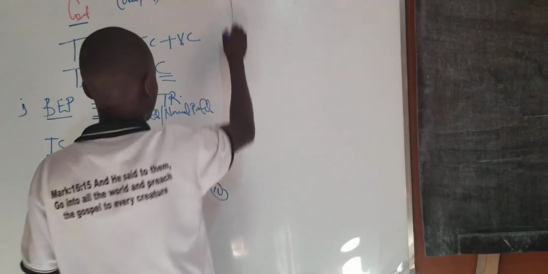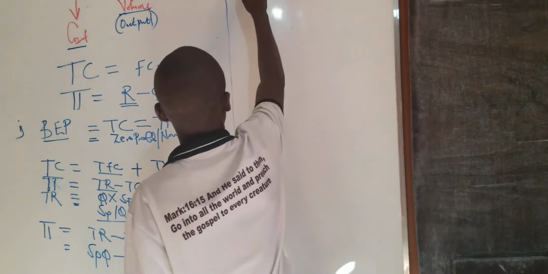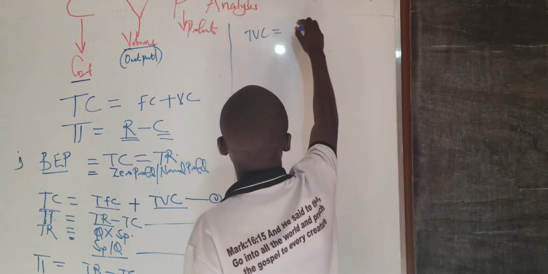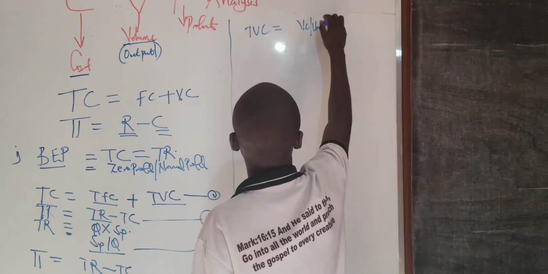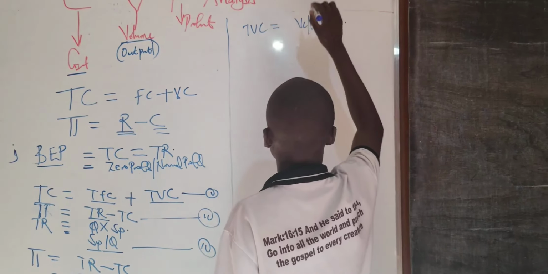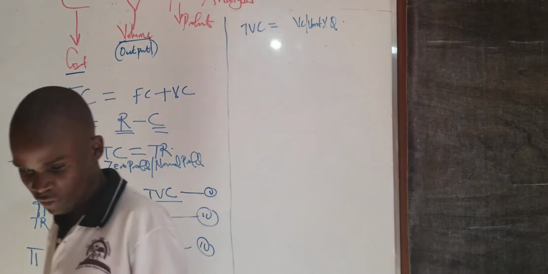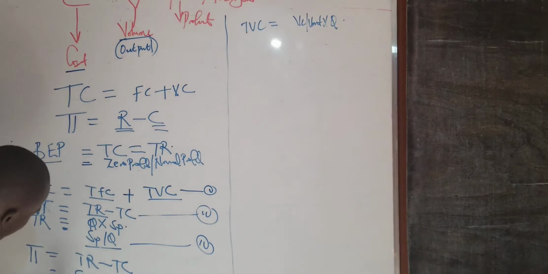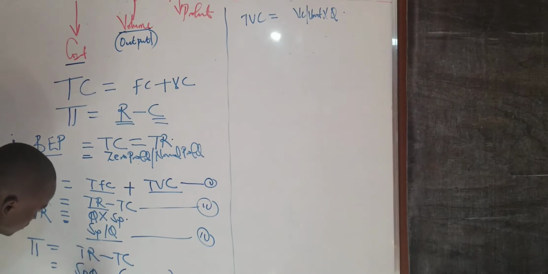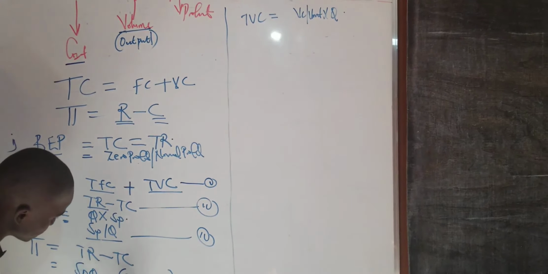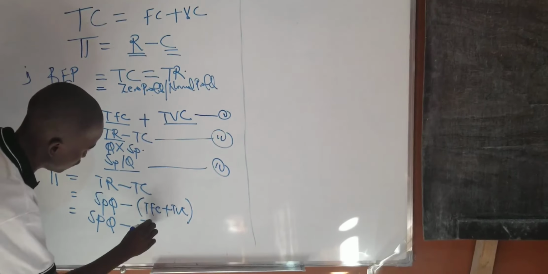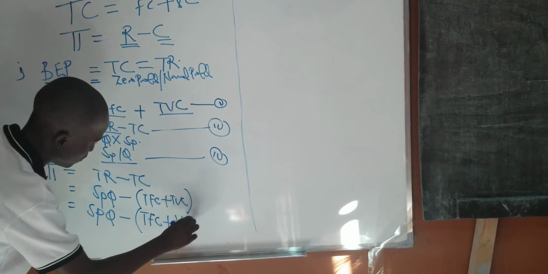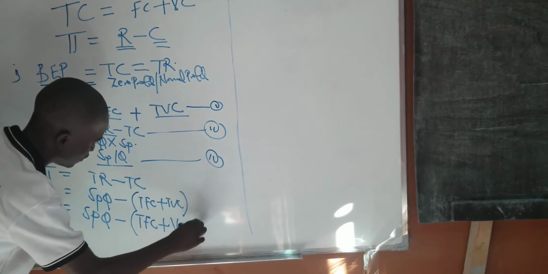Again, the total variable cost equals variable cost per unit times the quantity. Therefore, this is the same as selling price times quantity minus (total fixed cost plus variable cost per unit times the quantity).